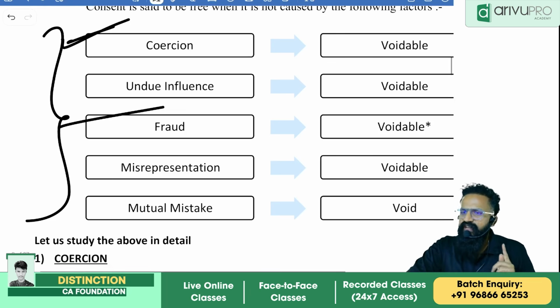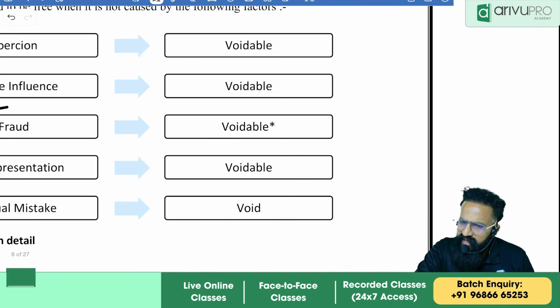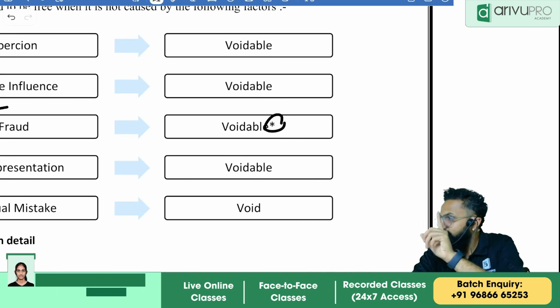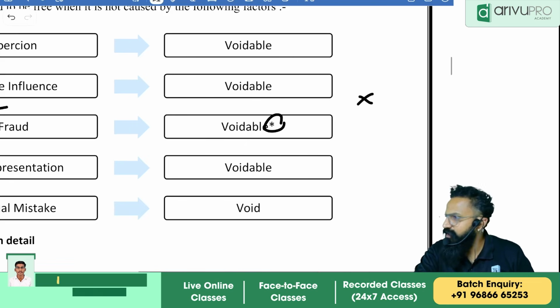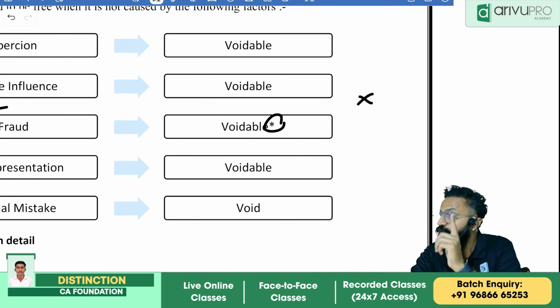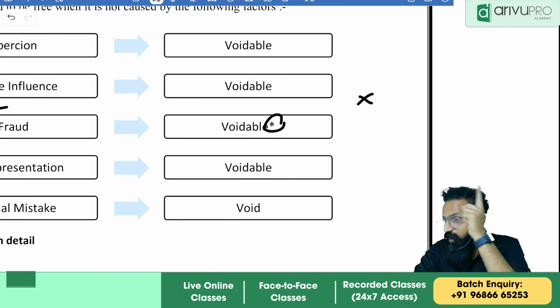In every case we have written voidable, but here alone we have put an asterisk mark. Why? Because in a fraud case, I have three remedies. Remedy number one, I can cancel the contract and ask back the money. Remedy number two, I can ask you to put me in the place I would have been if the fraud did not take place.